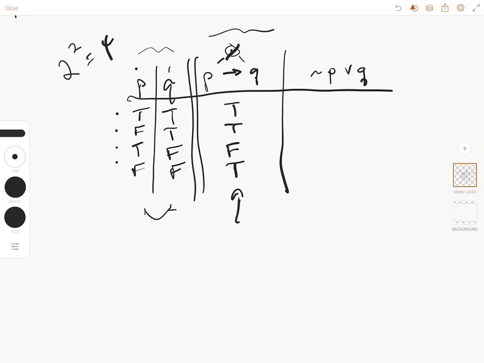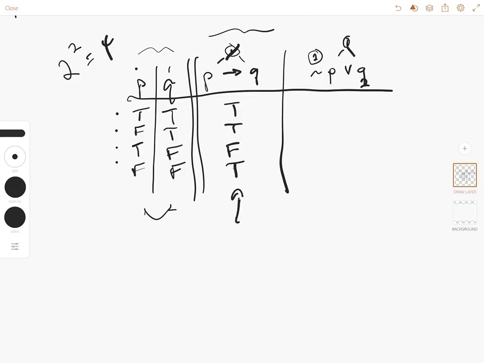Now let's turn our attention to this second expression. Here we have a major operator, the disjunction, and it branches as binary operators do, 2 branches. Over here on the Q side, we have no further operators, but over here on the P side, we have 1 operator. So that's our level 2 operator. We're going to want to calculate the output for our level 2 operator first so that we can feed that value up to the level 1 operator.